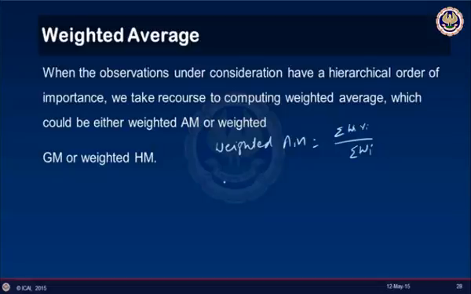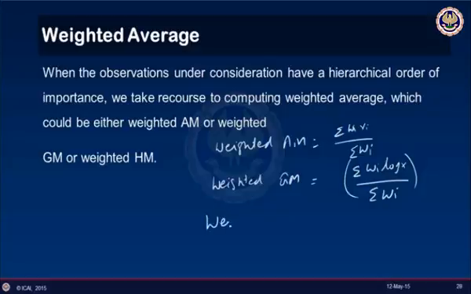In the case of weighted GM, it is summation of WI log X by summation of WI, and weighted HM can be written as summation of WI by summation of WI by XI.